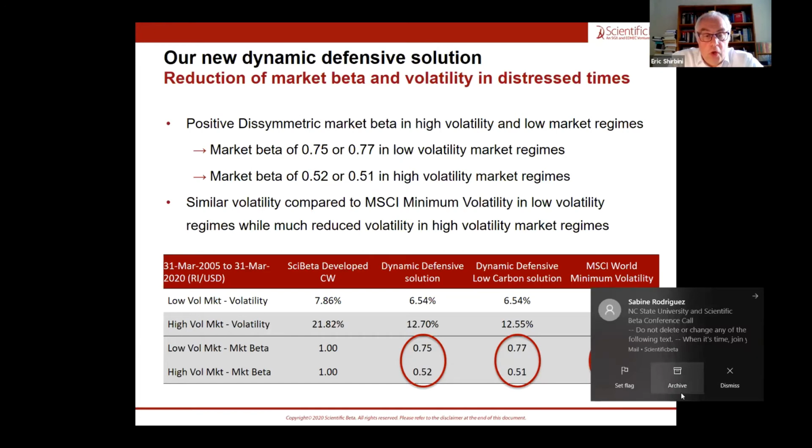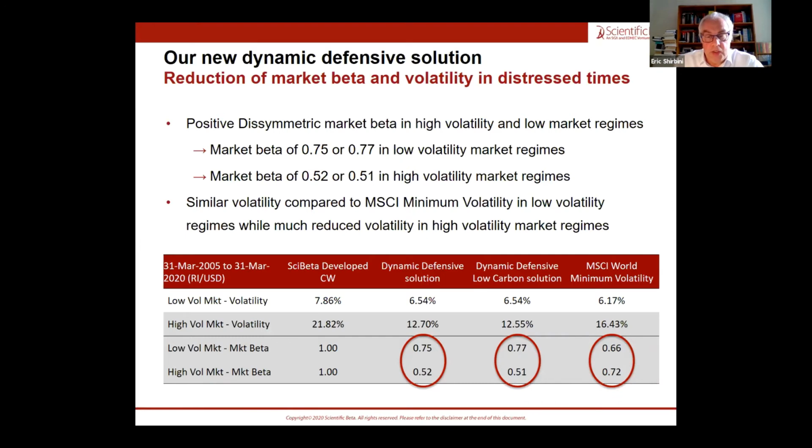If we also look at what happens in terms of low volatility and high volatility market regimes to the market beta, which I guess is probably even more important because that determines how much drawdown you have during a stressed market condition, because essentially the market risk is the greatest risk that a defensive solution holds.